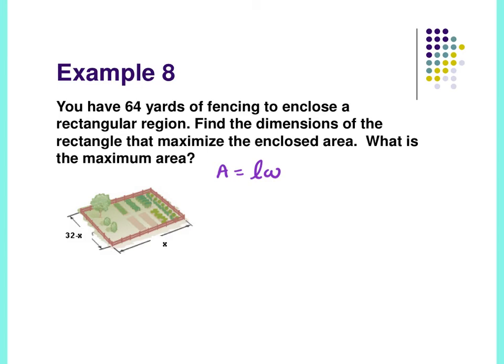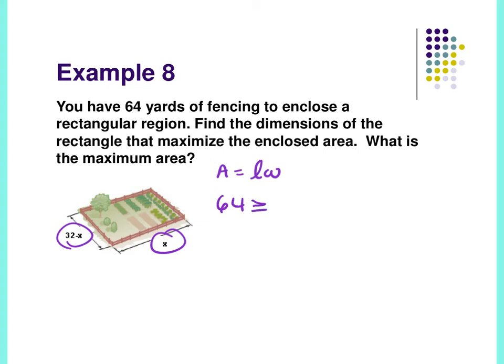Okay, so back to this one. So I need the area of a rectangle. And obviously, we're going to set up a quadratic here. So the area of the rectangle is length times width. Okay, I have the length and the width here. But it's saying what's the maximum amount of area. So if I have 64 yards of fencing, I want it to be less than or equal to that, right?